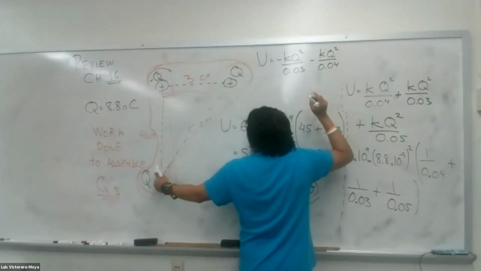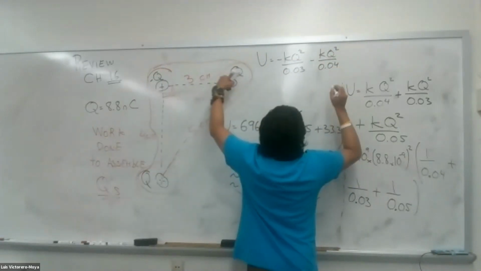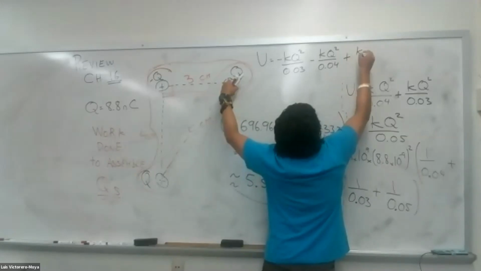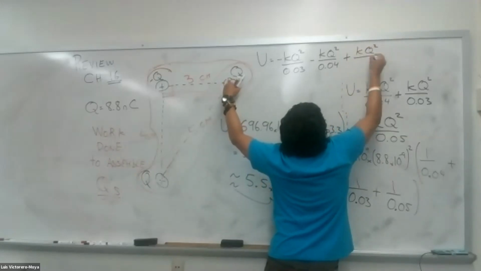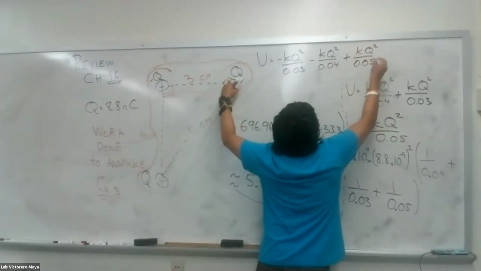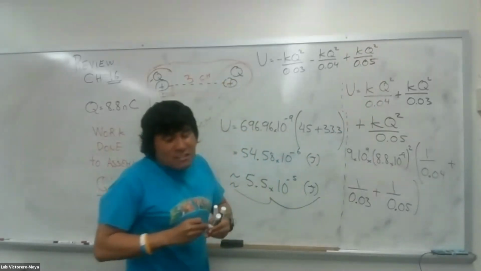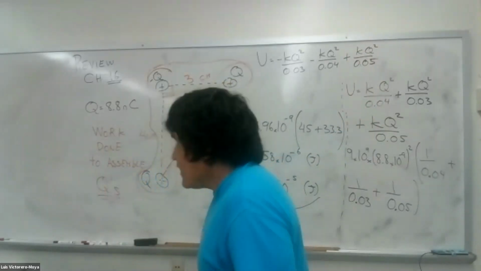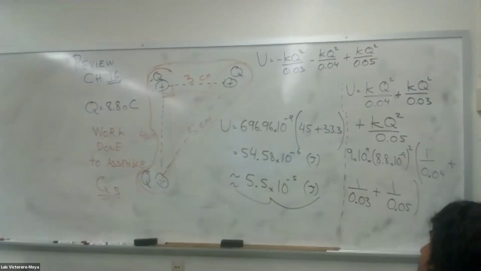The only positive will be these two. So just by changing the sign, the energy will be much less than that. In fact, it will be negative energy. You will be doing negative work.